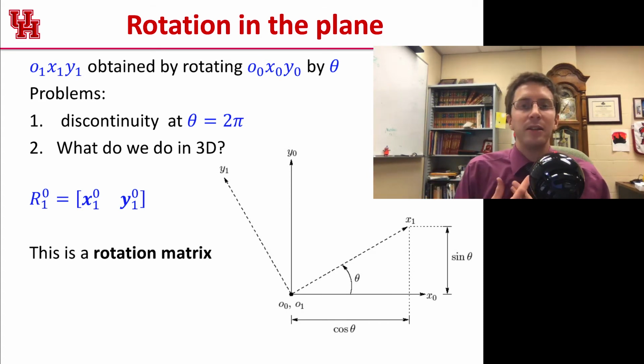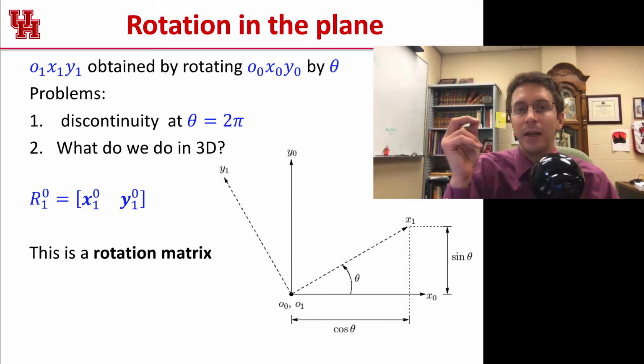The other reason not to just represent it by an angle is it becomes very difficult to then take that into 3 dimensions. Again, we're going to have some discontinuities. We want a consistent way to represent rotations in multiple directions. And so instead of just representing it by a single number, even in 2D, we're going to represent it by 4 numbers.